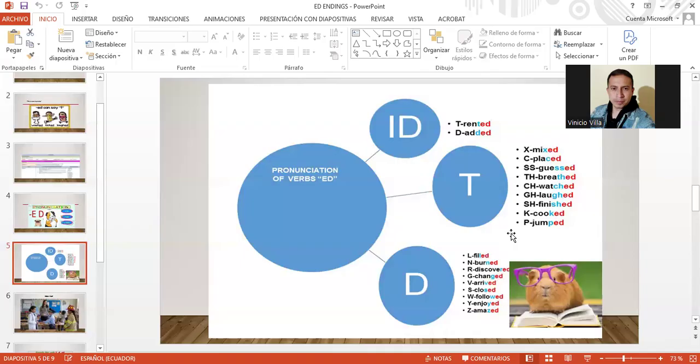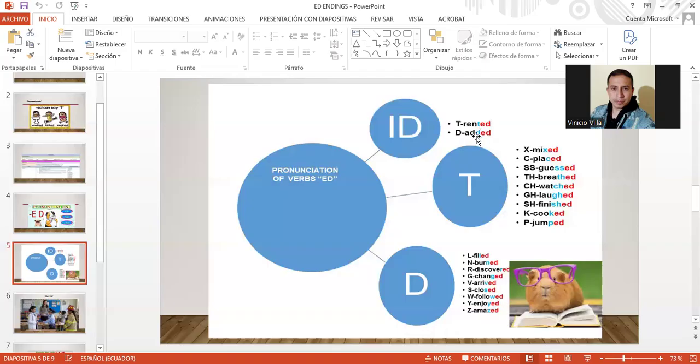So the question is, how can I pronounce each one of the verbs in the past? Let's take a look at the first word. The base form is rent. Now we can pronounce it like rented.